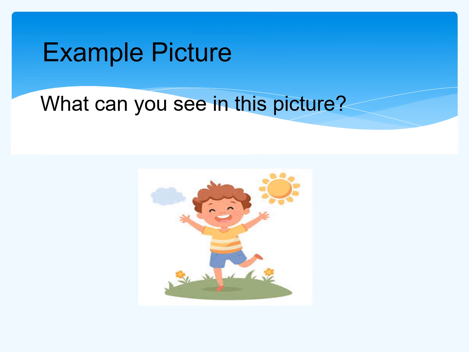This is how you observe a picture. You see the people in them, the background, the place, the feelings, the colors. You're going to see and observe each of these.